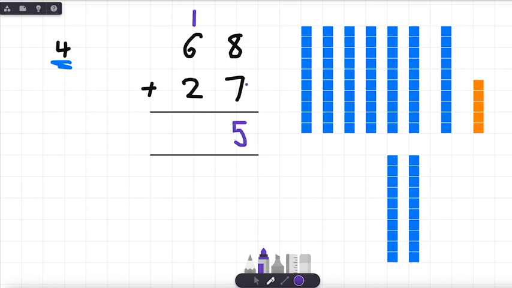So 8 plus 7 is 15. Now in the tens column we have our 6 tens, we have our 2 tens from the 27, and we have our extra 1 ten we've carried over. So 1 plus 6 plus 2 gives us 9, or 9 tens, making the answer 95.